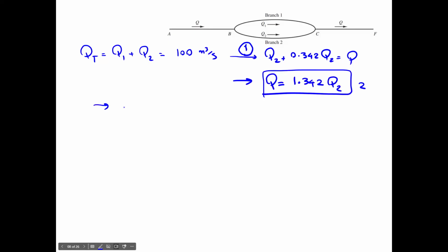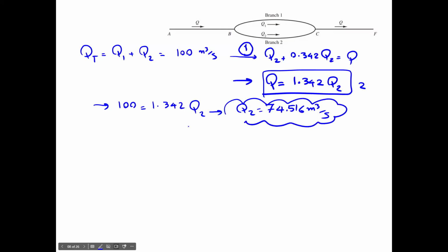So no need to do anything, just write 100 over 1.342 Q2, and you have Q2, which is 74.16 cubic meter per second. That's your Q2. Q1 based on number 1 is equal to 0.342 multiplied by the one that you just calculated, and it's equal to 25 cubic meter per second.